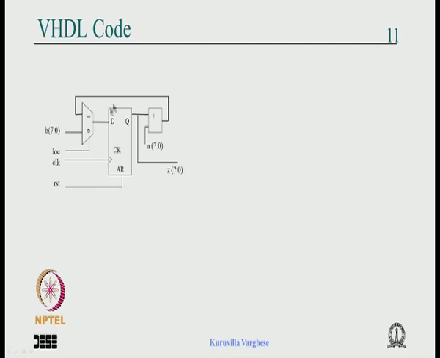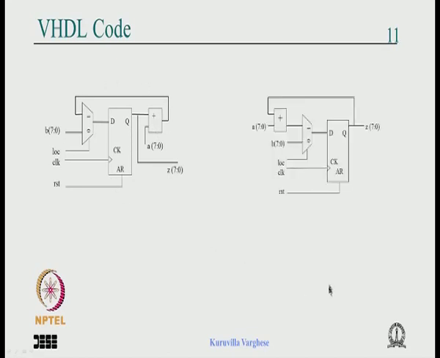So we have seen another example, given a block diagram, how to code. As I said, we can code a register with the preceding logic using a single process. Here it looks like there is some logic preceding it and some logic following it, but this being cyclic, this can come over here, and that is what we have done.